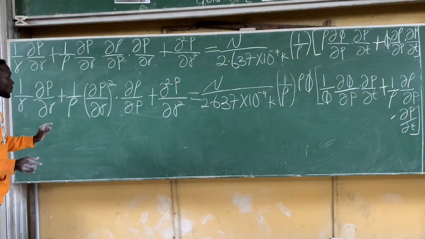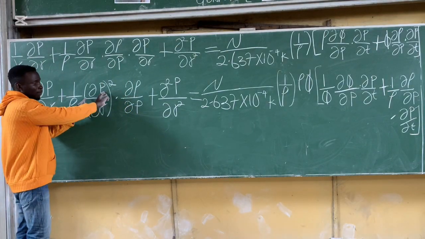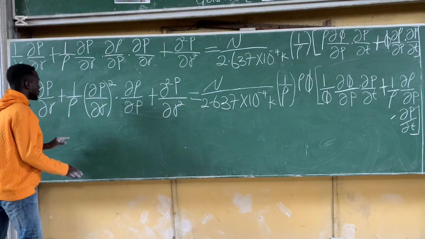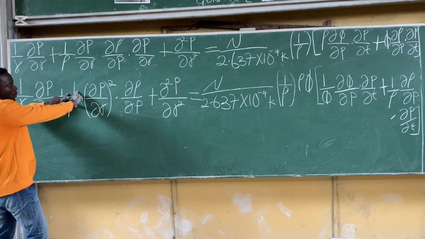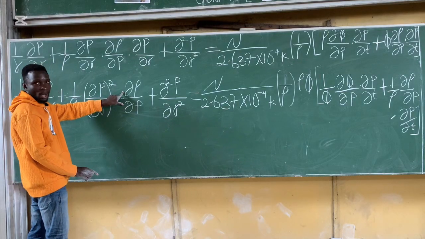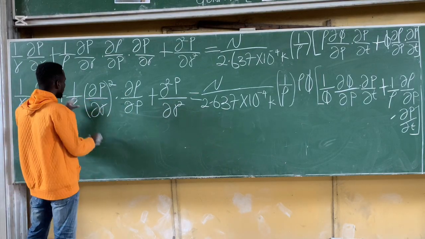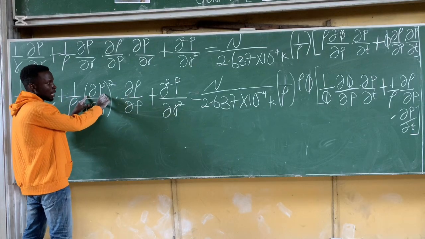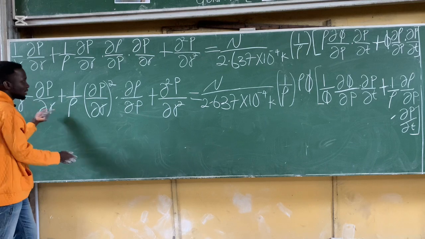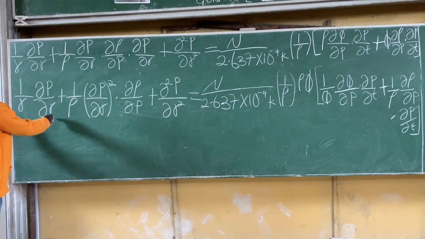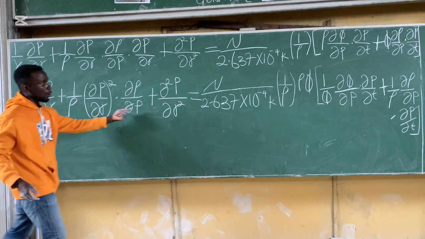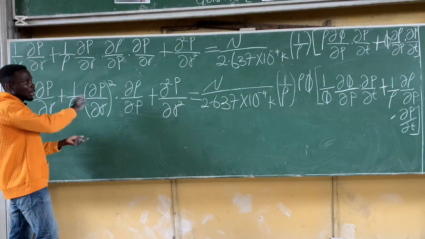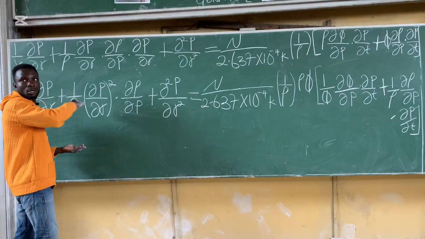Remember that 1 over rho is multiplying this one, multiplying this one. So this 1 over rho is multiplying this one here, and this one is multiplying this one and also multiplying this one. And since everything here is addition, you can simply write this one first, then plus this before this one. It's still the same, just that we are rewriting it and changing the order.